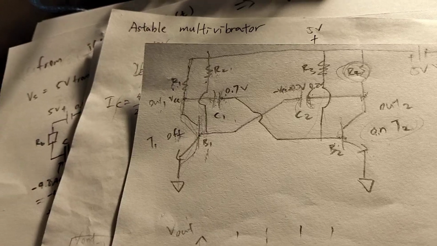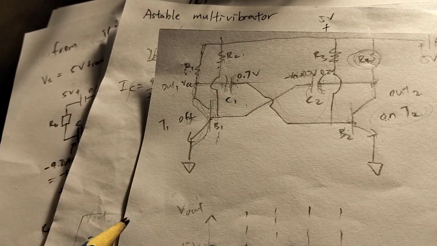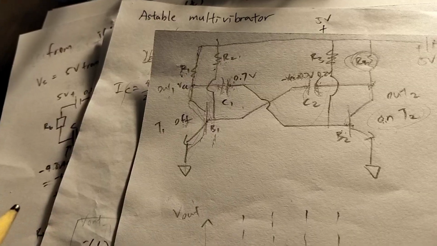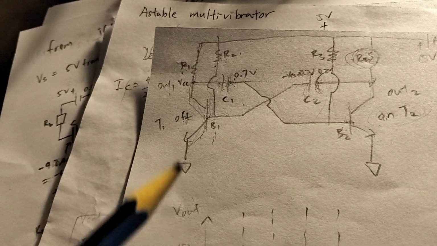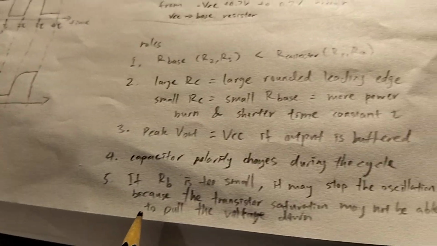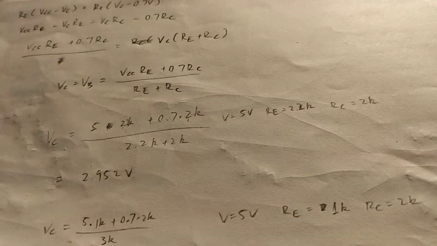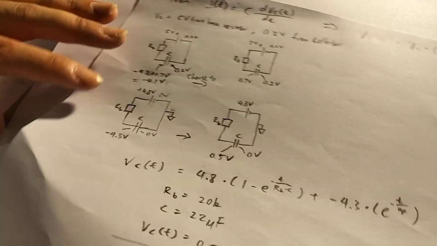However, I needed the electrolytic capacitor because I needed the large capacitance in order to create a time delay long enough to be visible. So lastly, in order to calculate the time delay, it's essentially just an RC charging circuit.